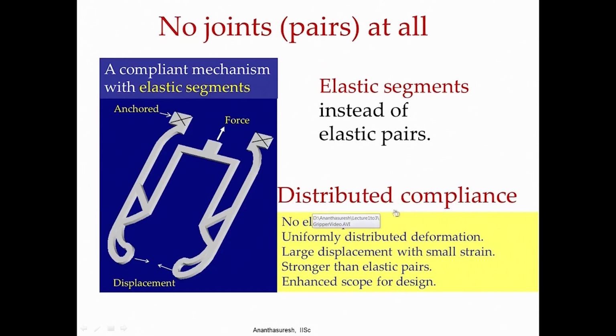That is a characteristic of a distributed compliant mechanism, and this deformation when it moves, as you will see, is more or less uniformly distributed throughout the mechanism. It will not be the same everywhere, but the entire mechanism is going to be deforming, and you have large displacement here, but small strain.